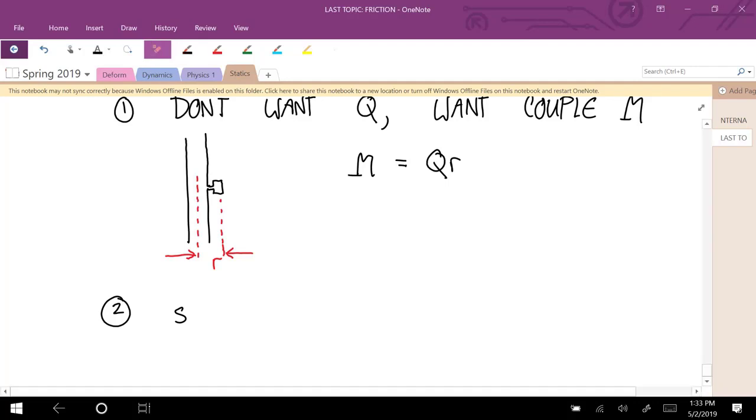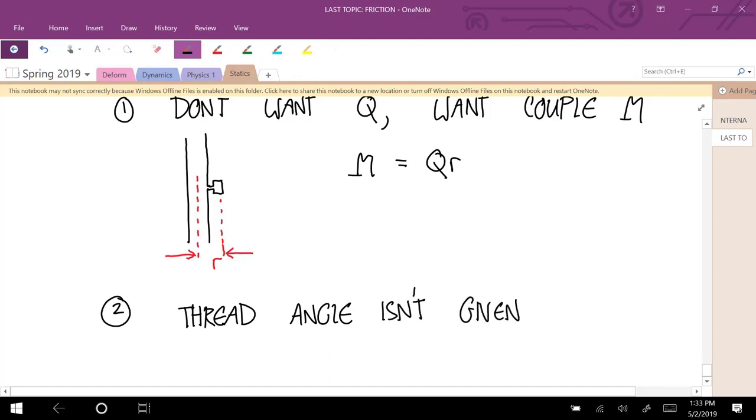So the thread angle isn't given in degrees. It's given via either a pitch or a lead.